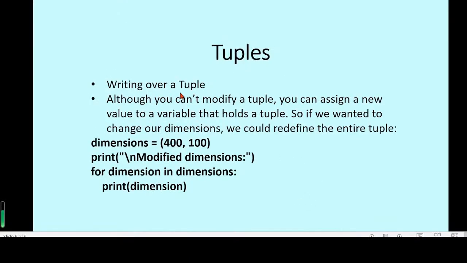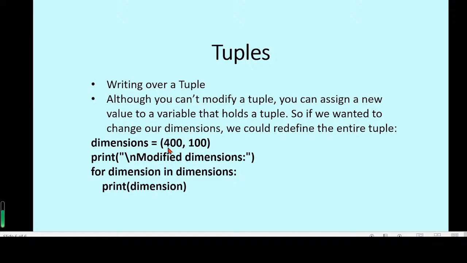Writing over a tuple. Although you cannot modify a tuple, you can assign a new value to a variable that holds a tuple. So if we want to change our dimensions, we could redefine the entire tuple. This is the original tuple. This is the new tuple we defined.